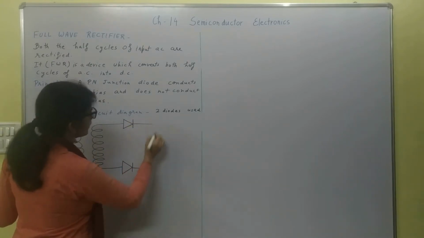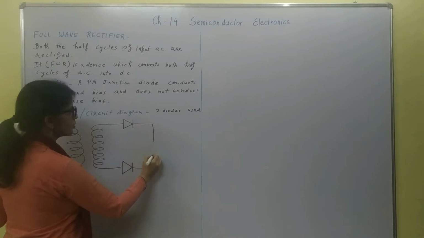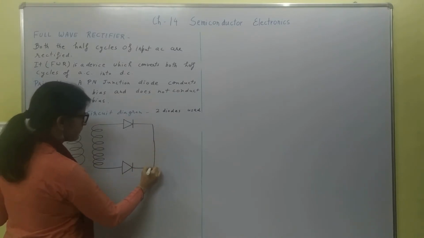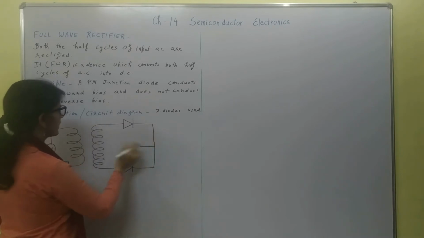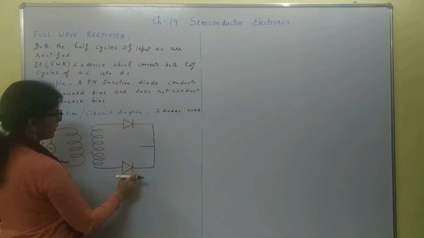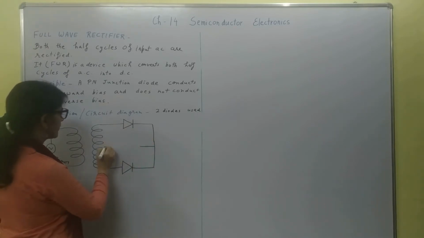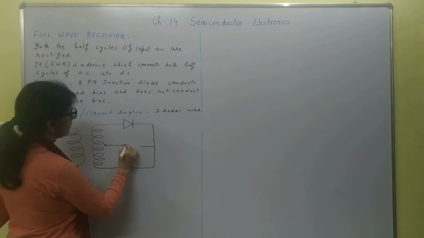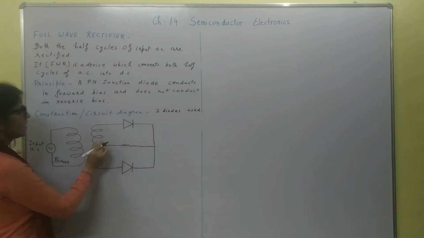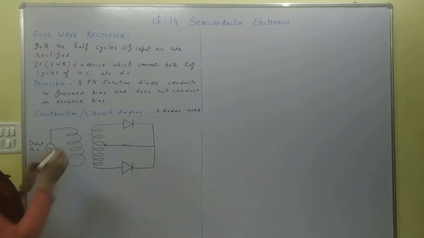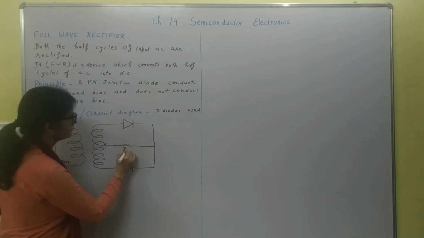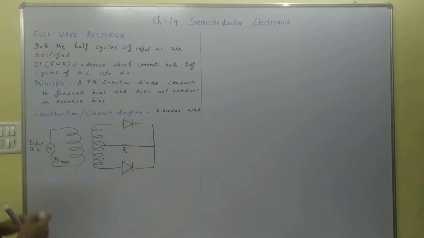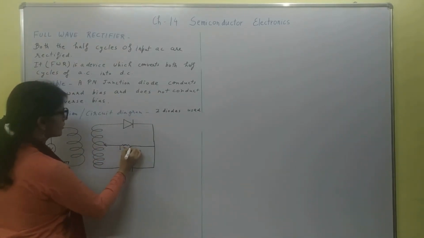and these ends are joined together. Between the common end of the diodes, this common junction, and the center tap of the secondary coil, the output is obtained across this.